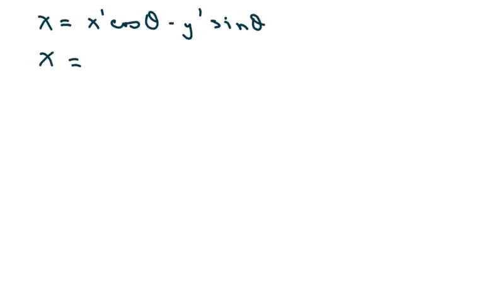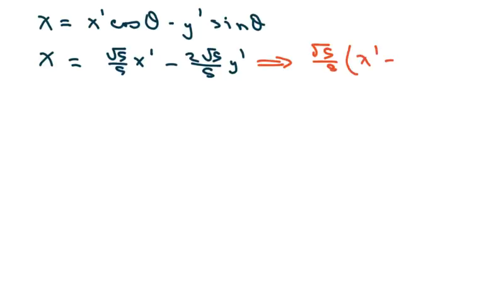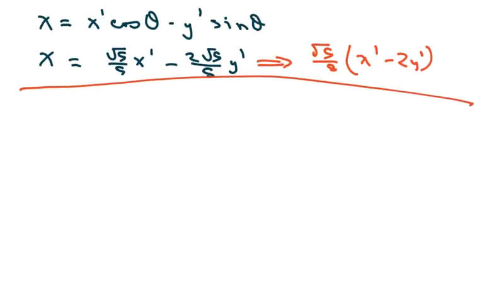We have, and I'll write what cosine of theta is, square root of 5 over 5, x prime, minus 2 square root of 5 over 5, y prime. That's from the previous slide. And if I simplify this, I'll pull out the square root of 5 over 5, and you get x prime minus 2y prime.